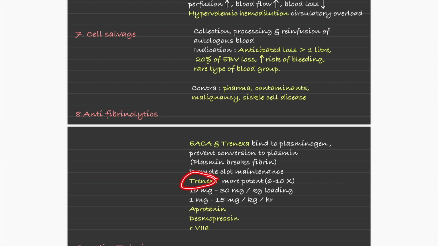We can use tranexamic acid. It is more potent, 6 to 10 times more potent. It is used at a dose of 10 milligram to 30 milligram per kg loading and 1 milligram to 15 milligram per kg per hour. Other drugs that can be used are aprotinin, desmopressin, and recombinant factor 7A.